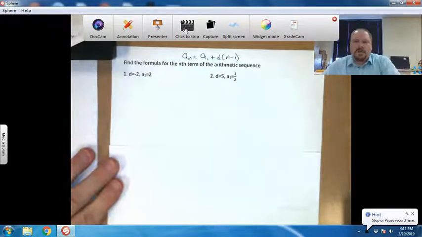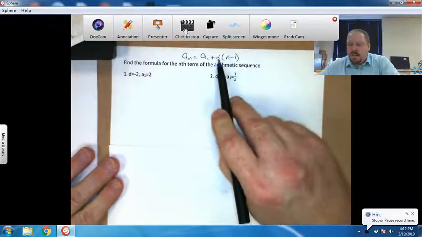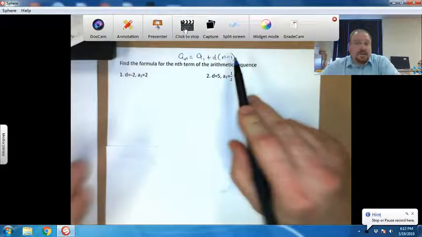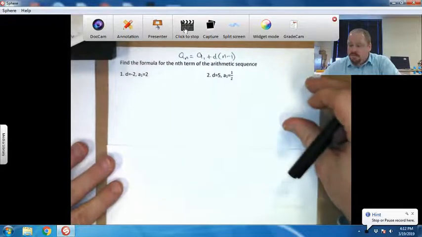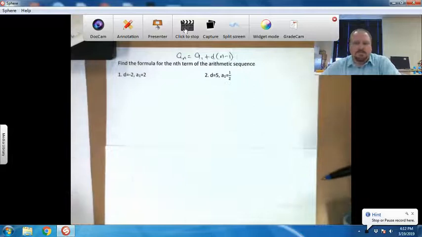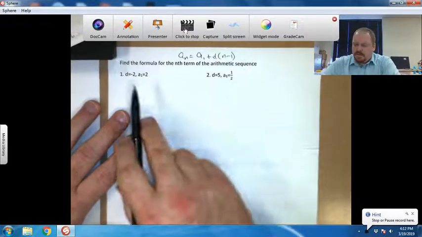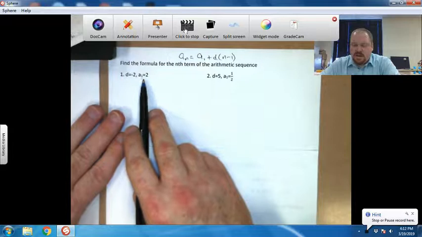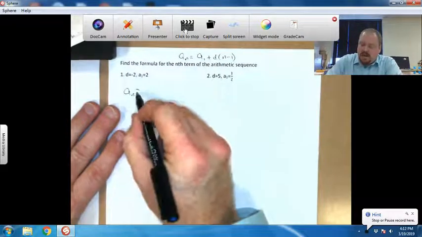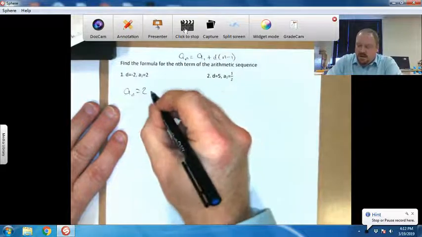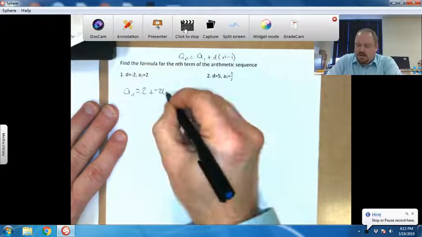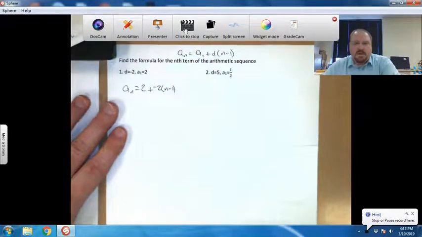Now, depending on where you look, some people may place the symbol for the difference after this parenthesis. It doesn't matter. Ultimately, we'll adjust things. So here we go. They tell us d is negative 2, a sub 1 is 2, so a sub n equals a sub 1 plus negative 2 times n minus 1.